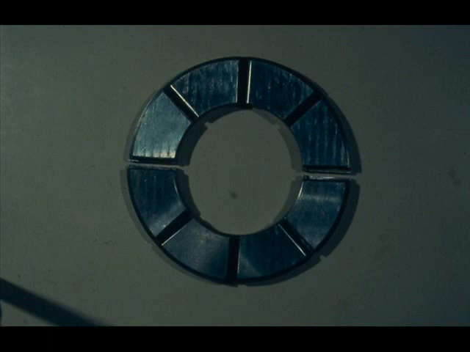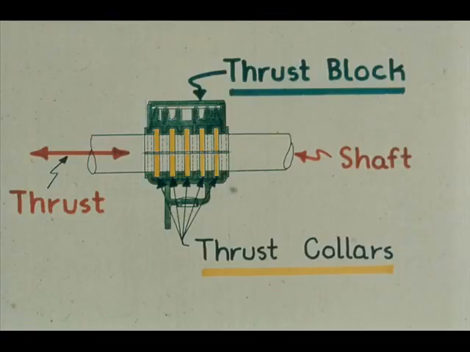In installations where speeds are much higher and thrust loads much greater, bearings of Kingsbury type are generally employed. In earlier times, axial shaft thrust was absorbed by a system of shaft collars turning with a thrust block as shown in the graphic here.